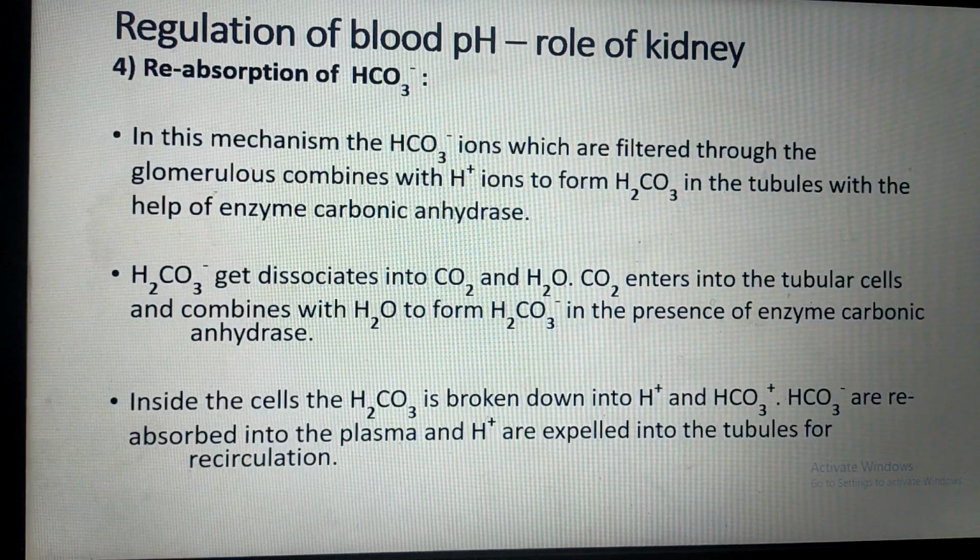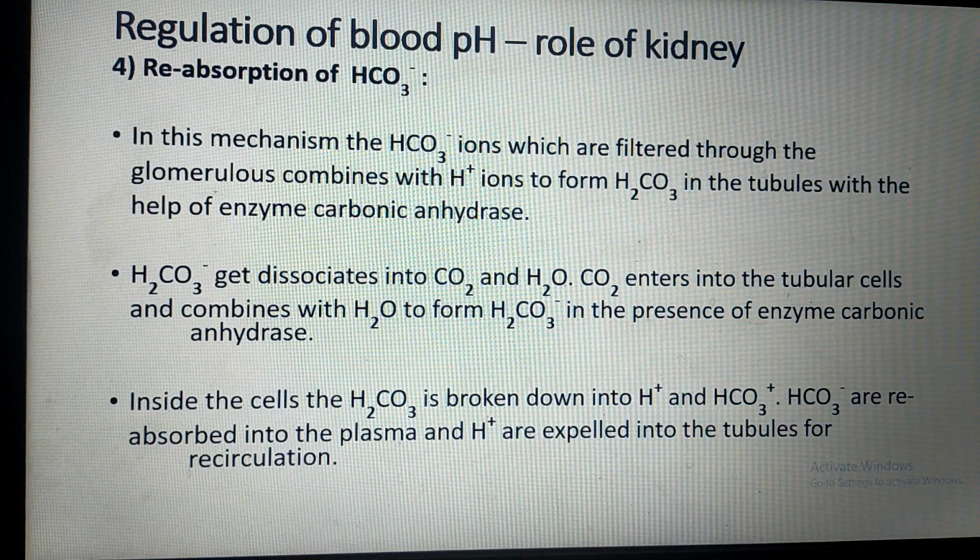In this mechanism, the bicarbonate ion which is filtered through the glomerulus combines with H plus ion to form H2CO3 in the tubule with the help of the enzyme carbonic anhydrase. H2CO3, or carbonic acid, gets dissociated into carbon dioxide and water. Carbon dioxide enters into the tubular cell and combines with water to form again H2CO3 in the presence of the enzyme carbonic anhydrase.